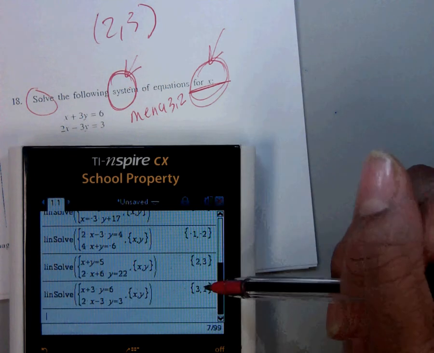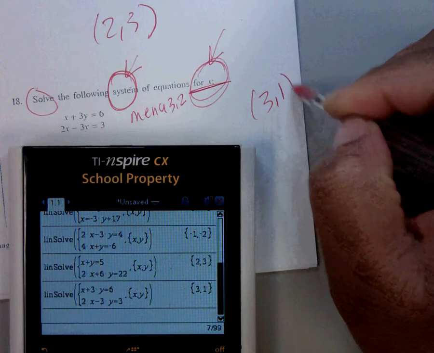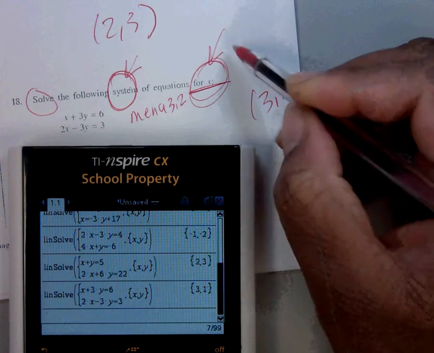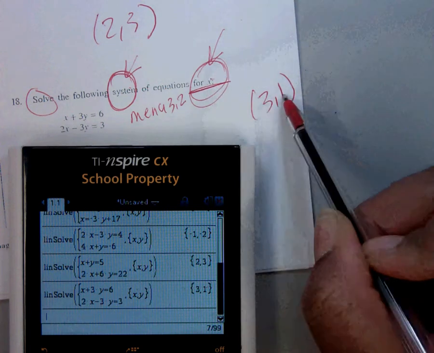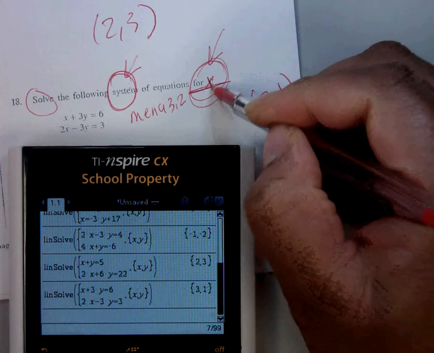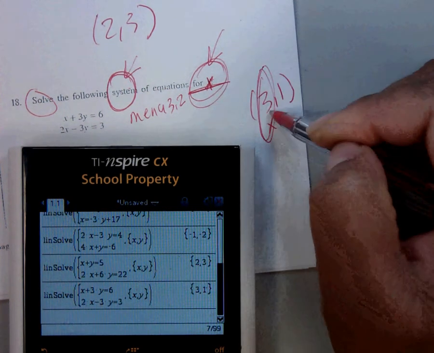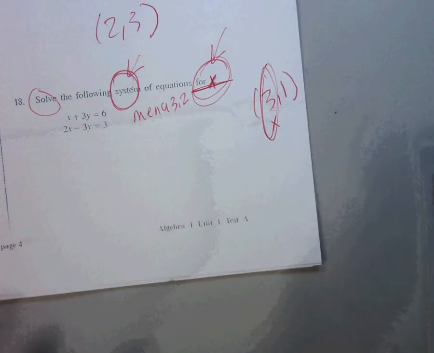There is the solution. So we write that down. But we have to answer the question. It didn't ask for both, it only asked for one of them. So which one is in this spot, the X spot? He is. So that's the answer.